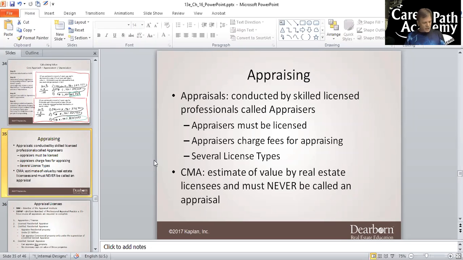All right, turn to page 230. Highlight reconciliation. If more than one of the three approaches to value are applied to the same property, it's called reconciliation. It's a way that an appraiser can determine which is the best approach to use.